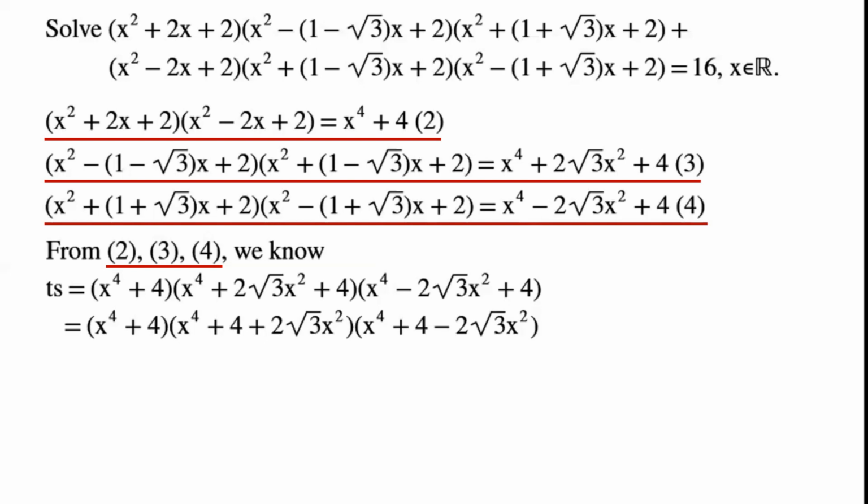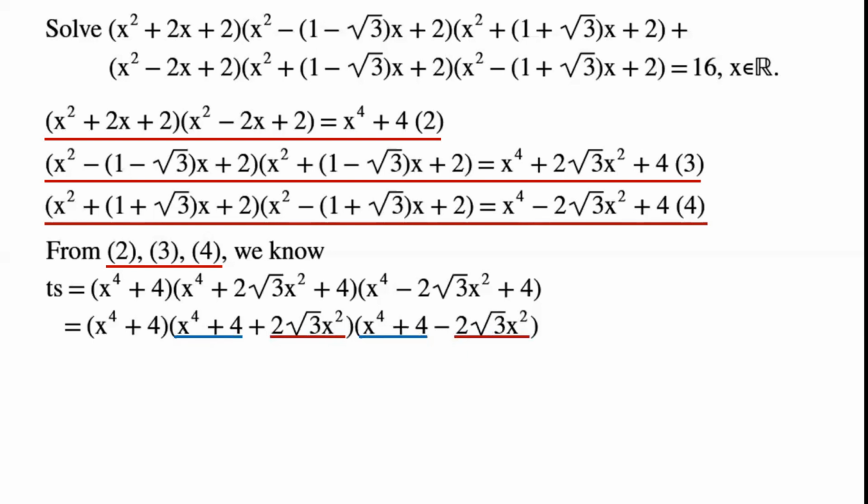We can rearrange the second and third parts of this algebraic expression and write x to the power of 4 plus 4 plus 2 root 3x squared times x to the power of 4 plus 4 minus 2 root 3x squared.